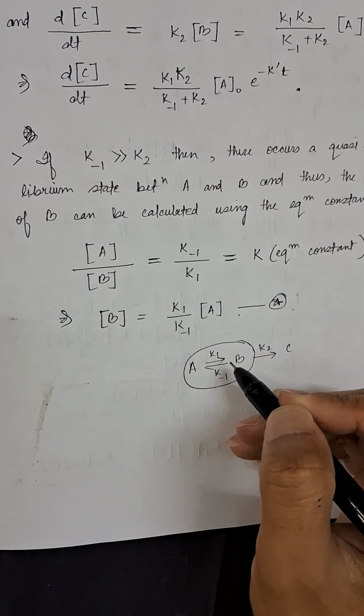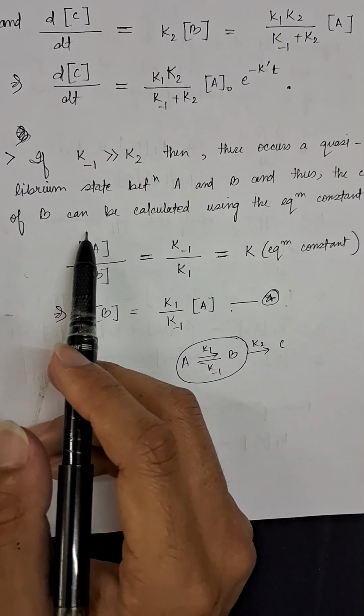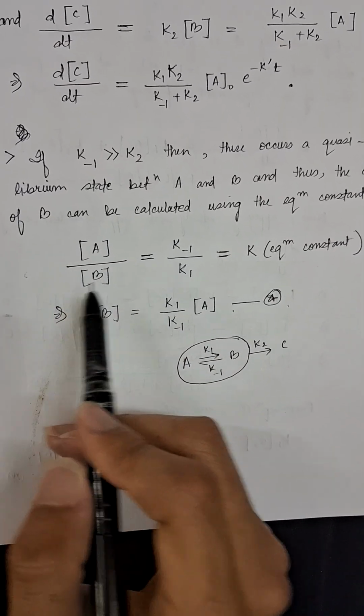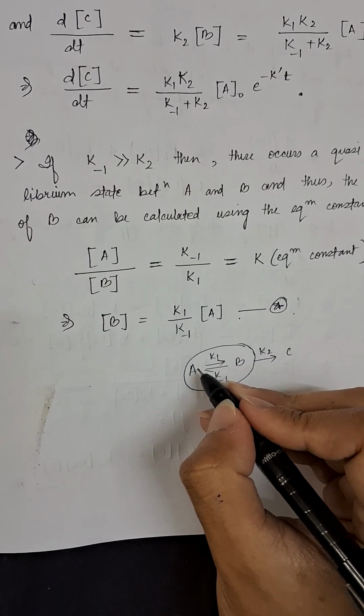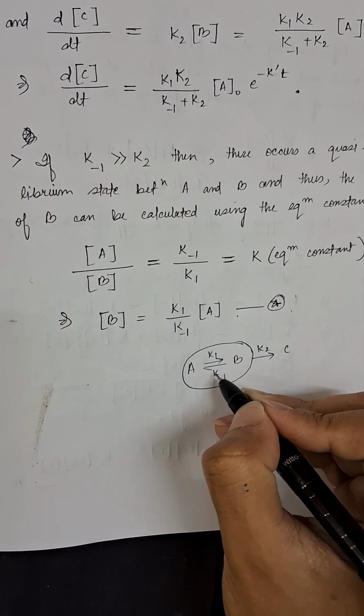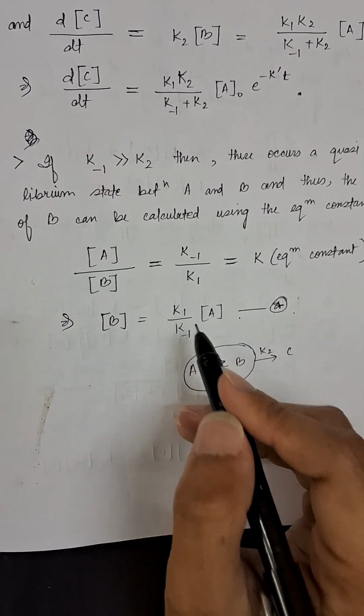So in this case we'll use the equilibrium constant formula. That is, B by A gives K1 by K minus 1; just remember that there is a reverse. If you divide A by B, then it will be K minus 1 divided by K1. Then we can get the concentration of B.